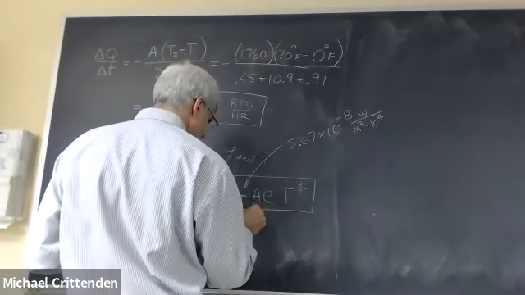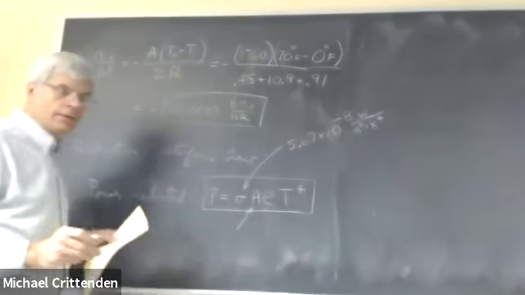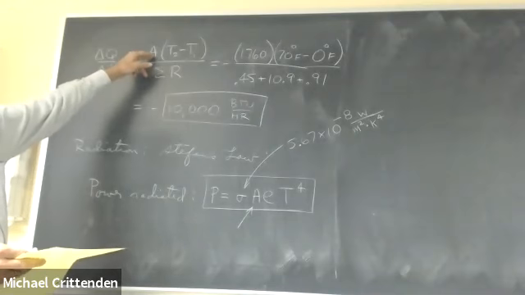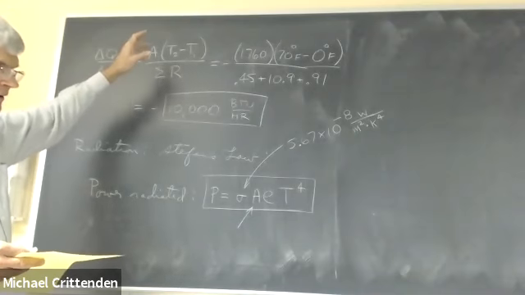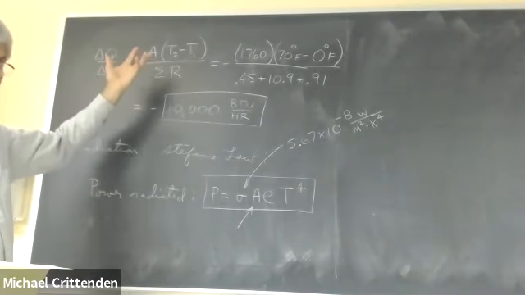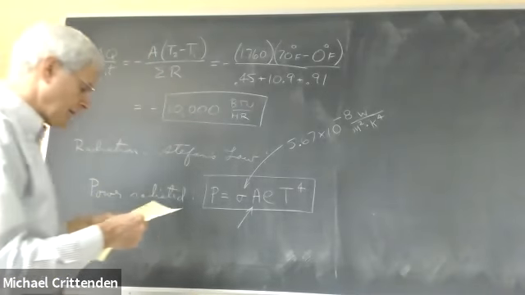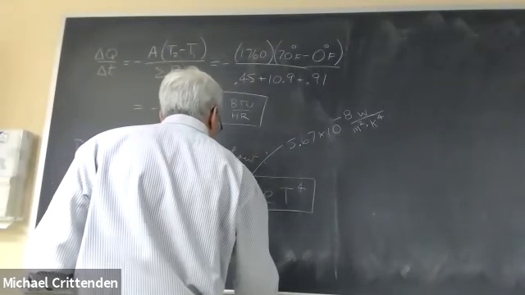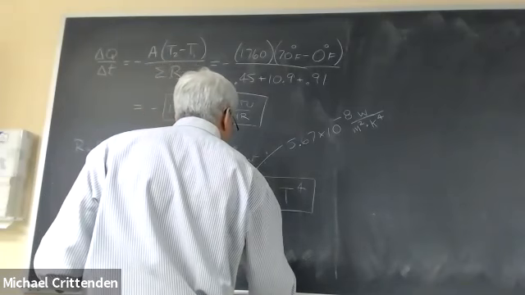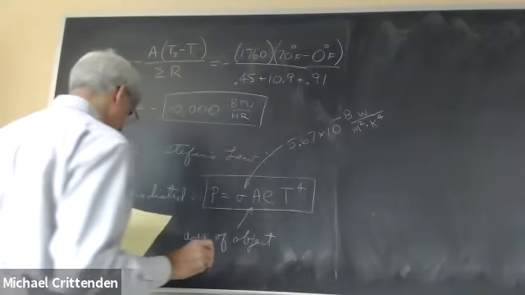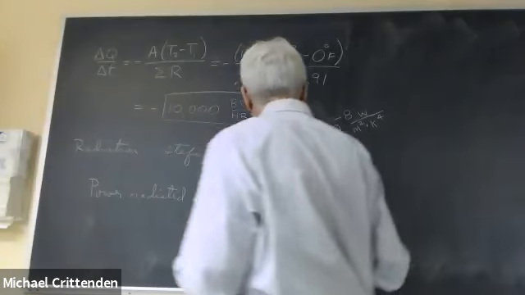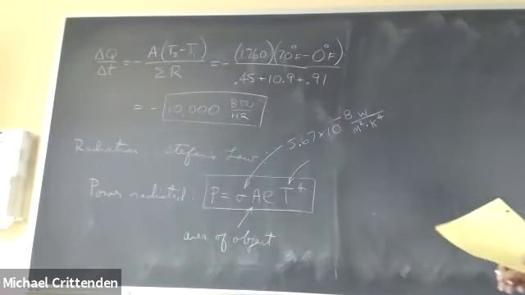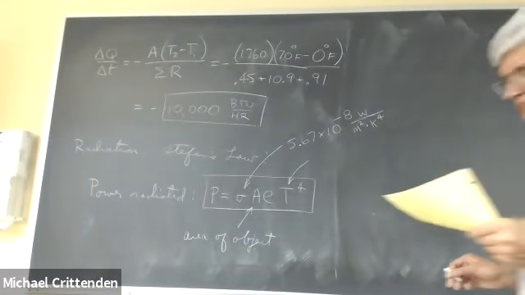A is the area doing the radiating. In that respect, it's the same as heat flow by conduction, where if you've got twice as much area, twice as much heat can flow through it. Temperature.